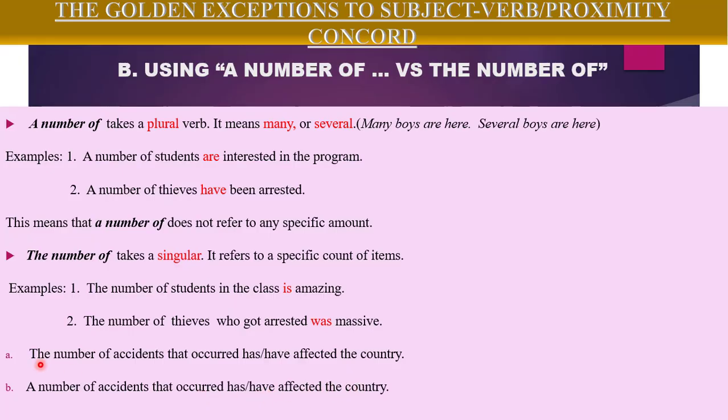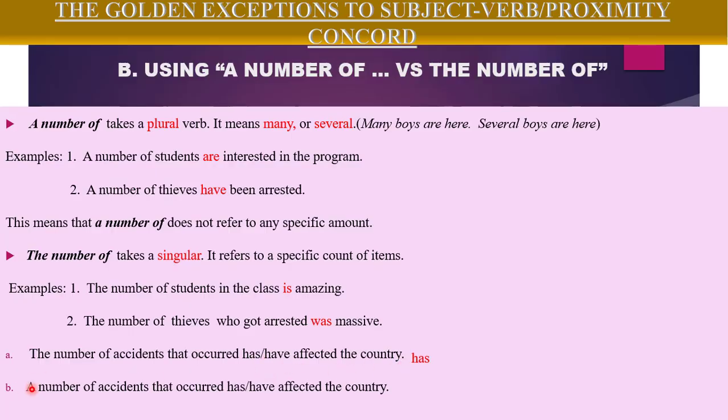So the difference here is the use of the number of and then a number of. In the first one, what will be our answer? We use the number of. We are going to select has because the number of refers to a specific count of items. So the number of accidents that occurred has affected the country.